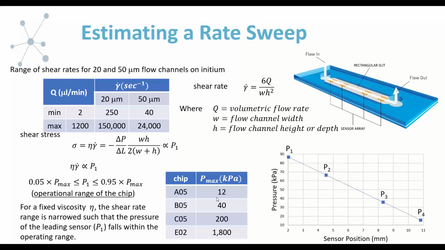And for instance with an E02 chip, if this combination of viscosity and shear rate is beneath the 5% level of 1,800 kilopascals, then you know that your sample and shear rate combination are inappropriate for an E02 chip. The pressure it generates is too small to be registered accurately on the E chip itself.